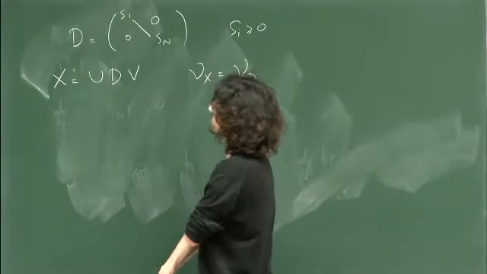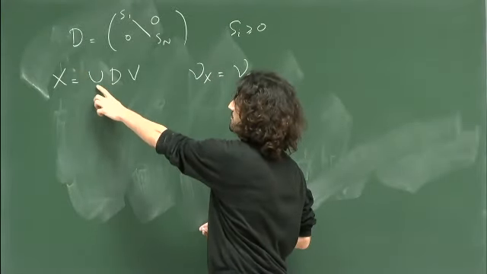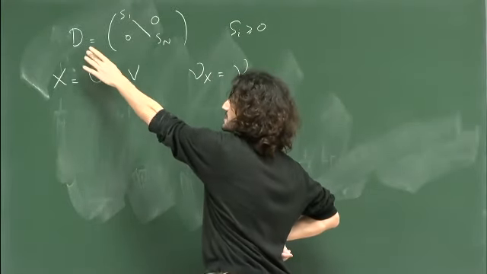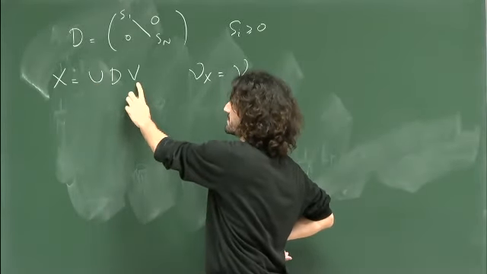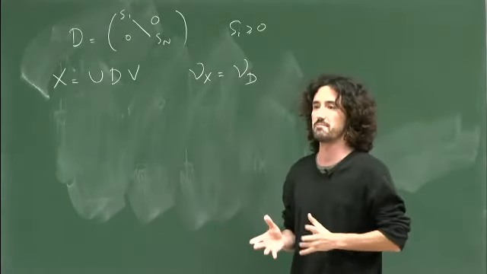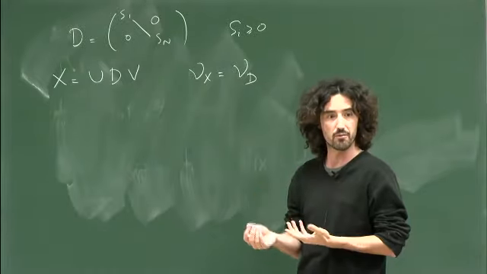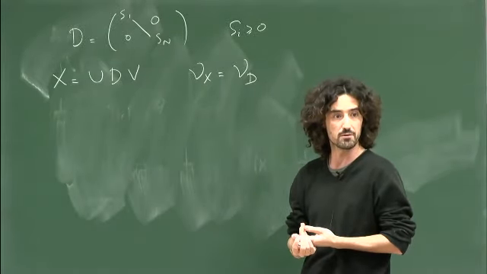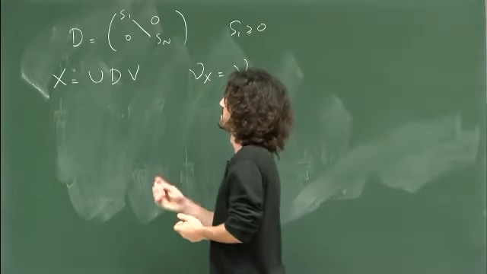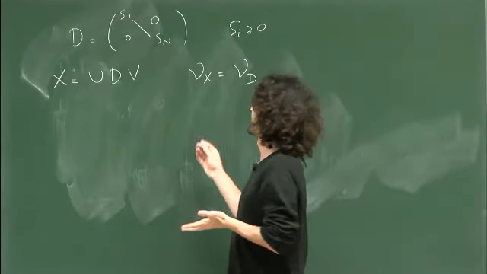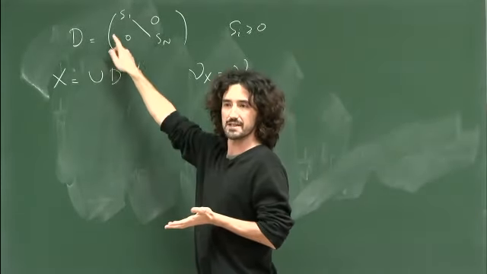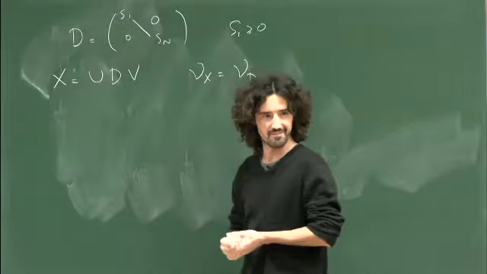Now you can wonder what happens if I think of D as fixed, deterministic, but I take U and V as unitary matrices sampled uniformly according to the Haar measure of the unitary group. I could think about this matrix as a uniform matrix given that it has these singular values.